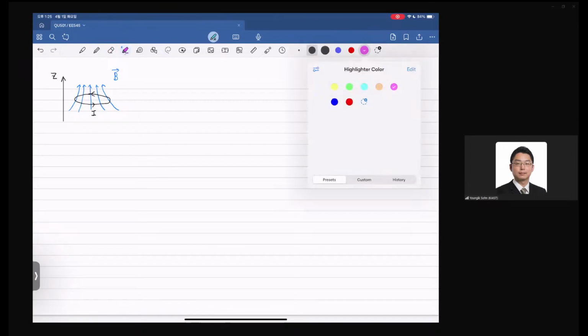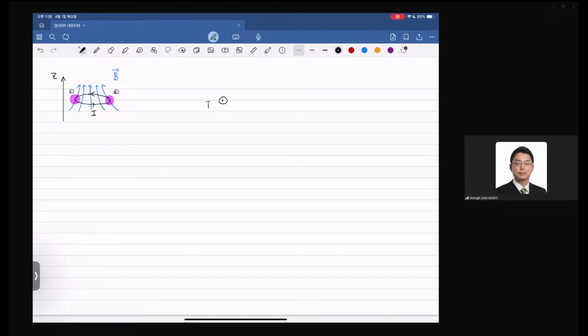We will carry out a simple calculation here and here. The current direction on the right-hand side is going into the plane, and on the left-hand side it is going out of the plane, right? You can see that. For those, let's calculate the direction of the force, okay?